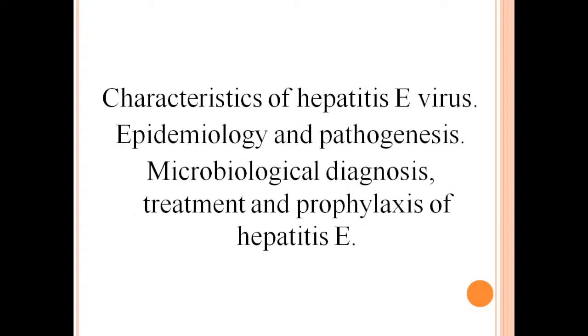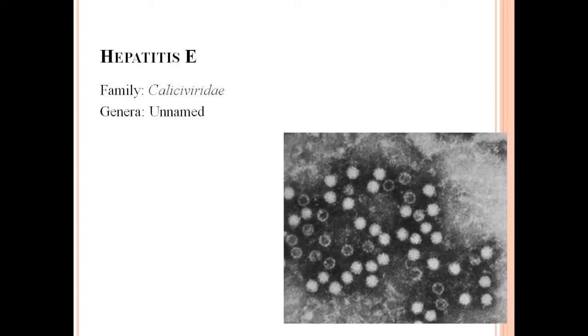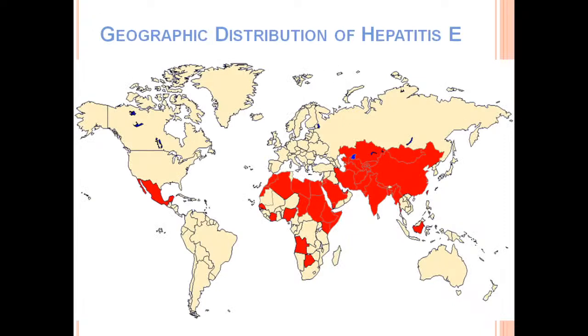Another hepatitis virus is hepatitis E. Hepatitis E belongs to family Caliciviridae. The genus is unnamed, not classified. Hepatitis E is also a foodborne and waterborne hepatitis virus.